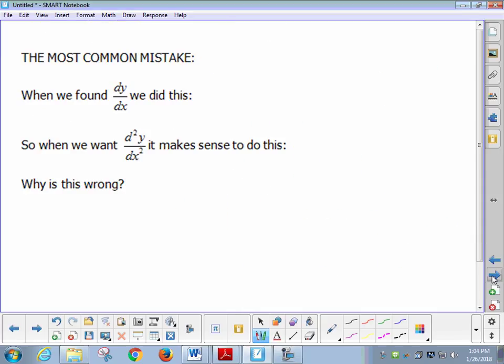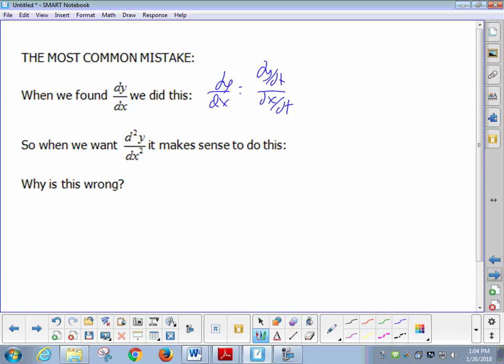Now then, the big misconception, and the one that'll come back and haunt us in a little bit, once the newness is worn off and you start to just try to think your way through it, is this misconception. When we found dy/dx, we said dy/dx is just take the derivative of y and divide by the derivative of x.